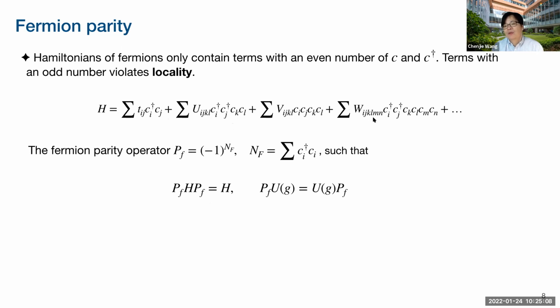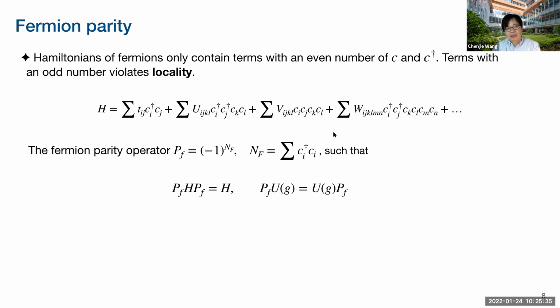But in principle, you can always add them, either perturbatively, effectively, or from some low energy effective theory. But you can never add an odd number, say only a single c, or a product of an odd number of c's, because these terms violate the so-called locality because of the anti-commutation relation between fermions.